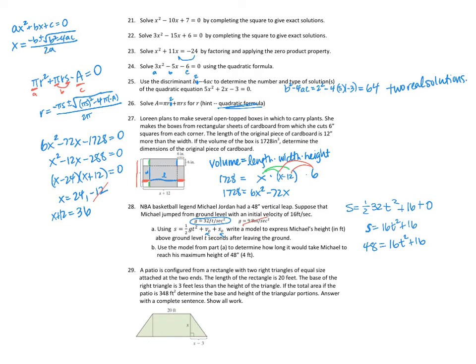So I subtract 16 from both sides, I divide by 16, and I take the square root. Again, I could do a plus or minus here, but since I'm talking about time, I'm going to pick the positive value, which is square root of 2, approximately 1.41 seconds.